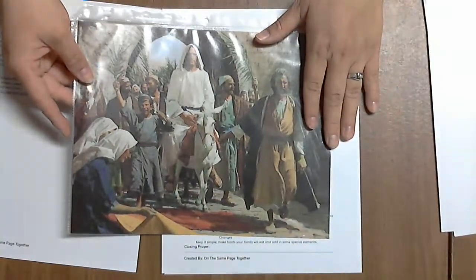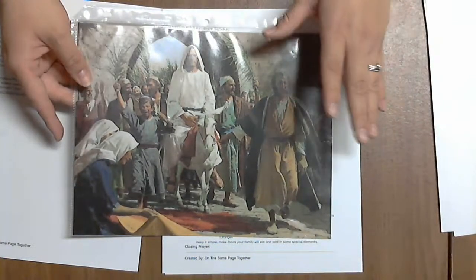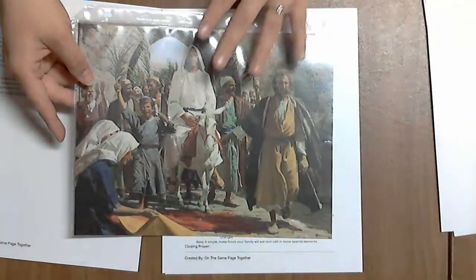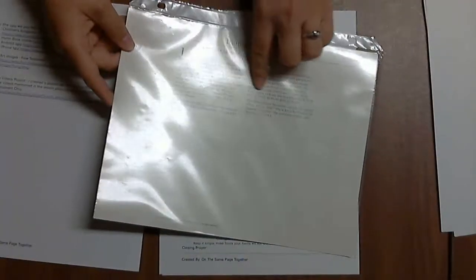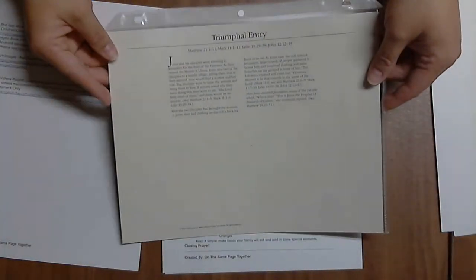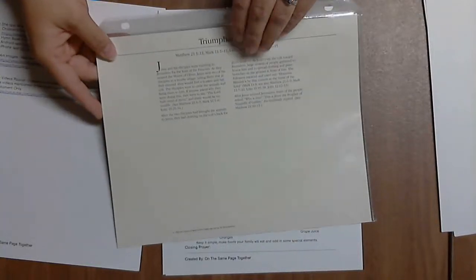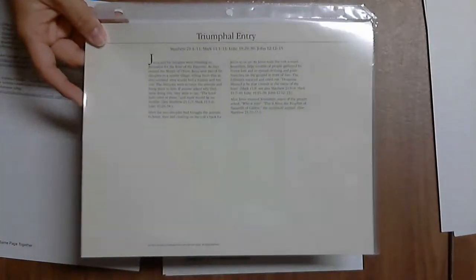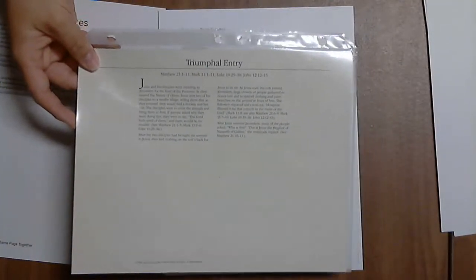So if you have that in your family's collection, you can use these images. I love them because they have the story very well summarized back here. But if not, there's a gospel art picture book.